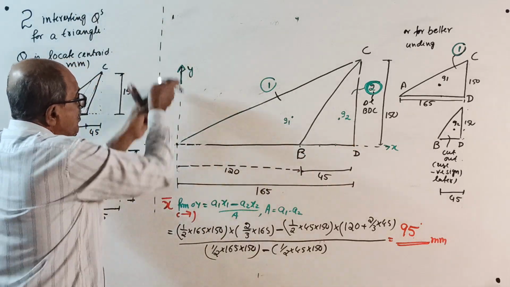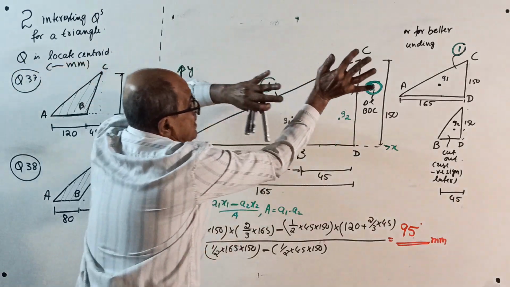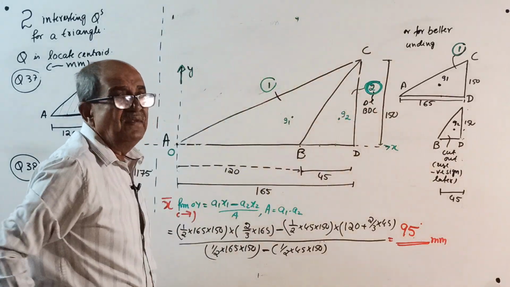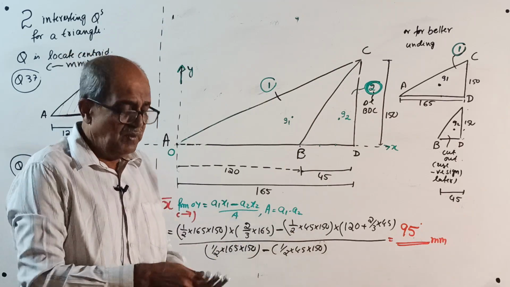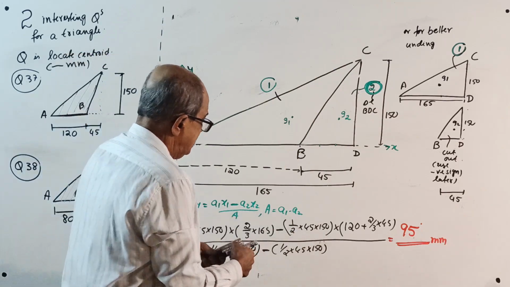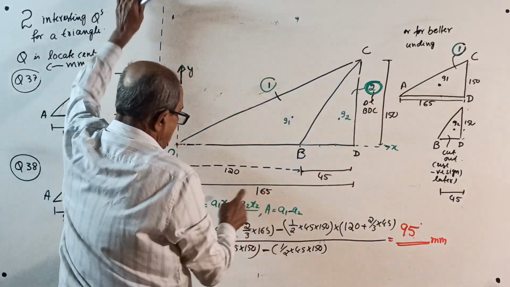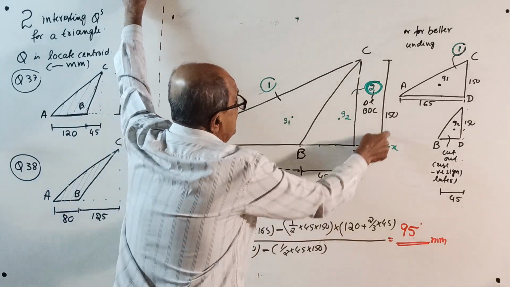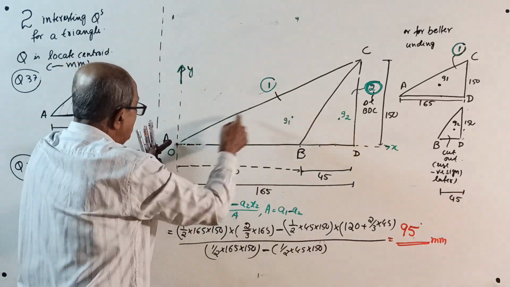So, from OY, x bar equals A1x1 minus A2x2 divided by total area. Total area is A1 minus A2. Be careful. Okay, start. Area of the full triangle, half into 165 into 150, into the distance of its centroid from here.